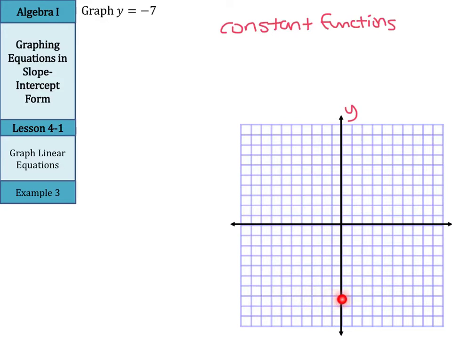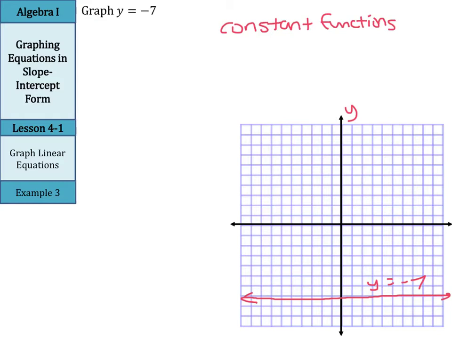Anywhere along this line, y equals -7, regardless of what the x is. So we can just draw a line right where I'm tracing that laser. And that is the graph of y equals -7.